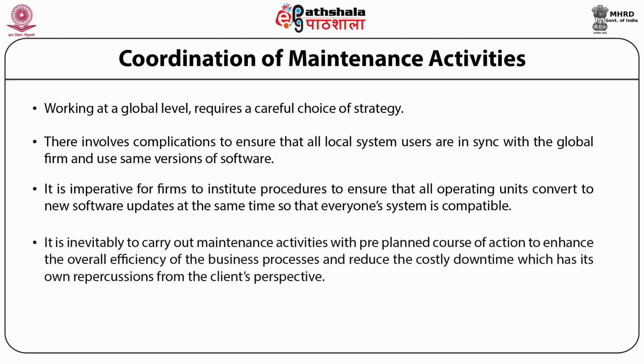It is inevitable to carry out the maintenance activities with a pre-planned course of action and enhance the overall efficiency of the business process and reduce downtime, which has its own repercussions from the client's perspective.